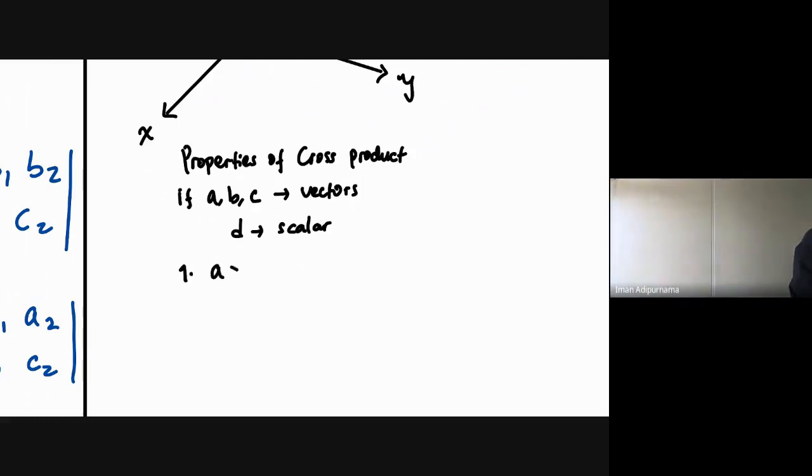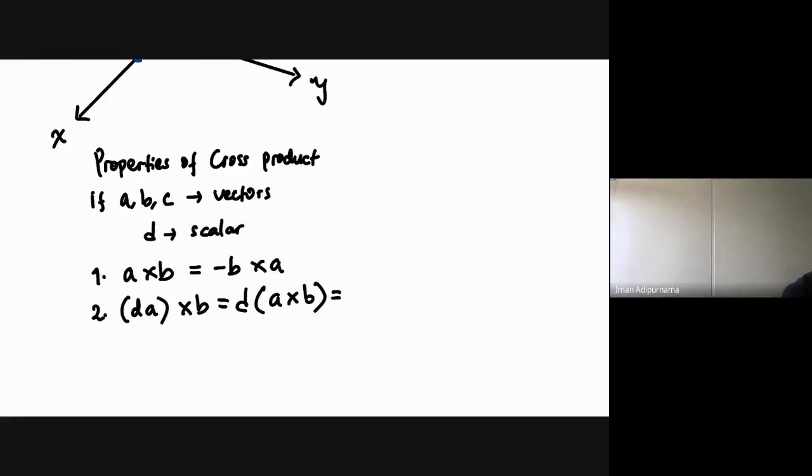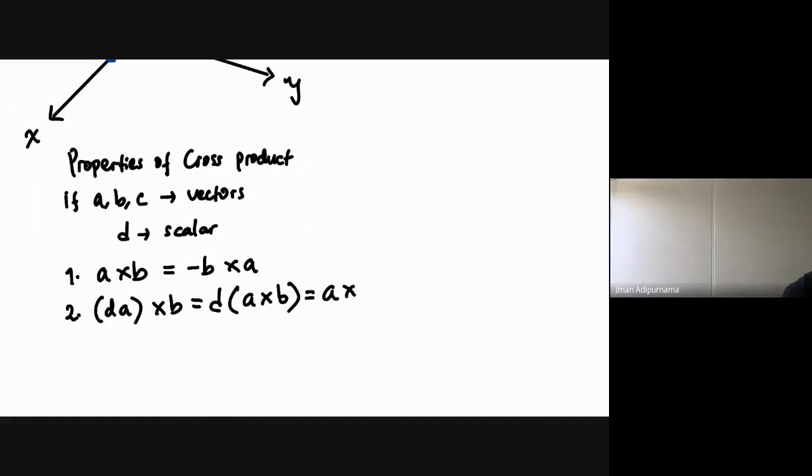We start from A cross B, which is equal to negative B cross A, as we mentioned before. And then if you have the scalar and then cross B, you can factorize the scalar and just focus on the vectors, or you can replace the scalar.